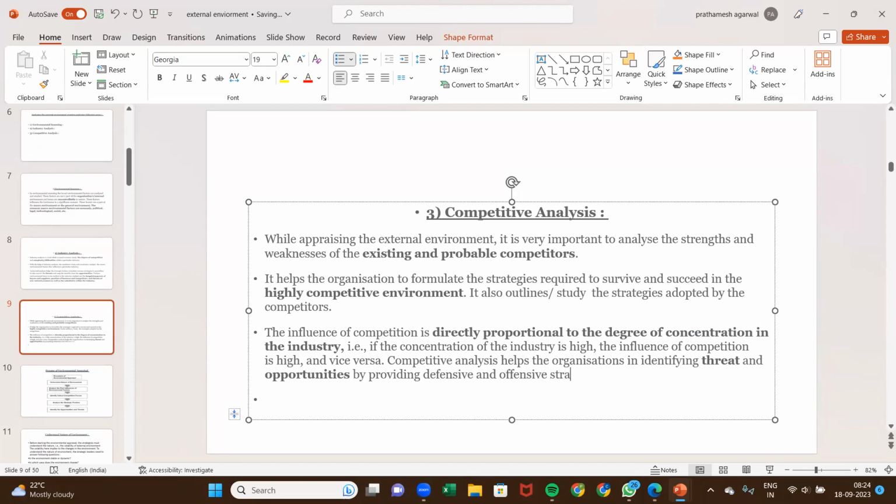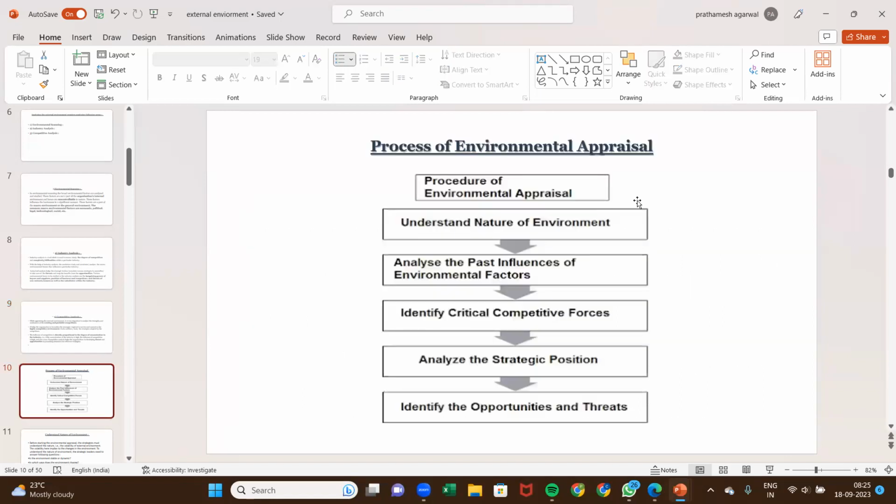Now, what is defensive and offensive? You will protect yourself also, all right, and you will attack also. Attacking is in terms of business and your rules and regulations. By providing defensive and offensive strategies, you will try to save your industries from the threat. Side by side, you will try to encash or make use of the opportunities.